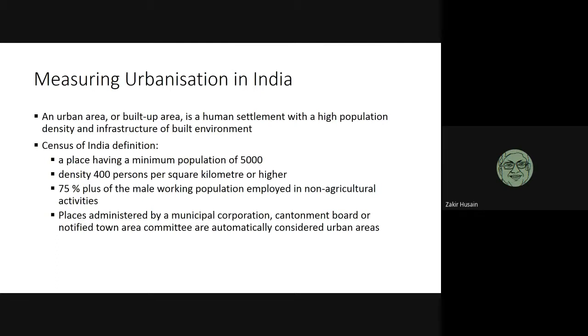In addition, if the area is administered by an urban body, corporation, cantonment board, or notified town area committee, then it is automatically considered to be an urban area. So we have a demographic criteria, an economic criteria, and a political or administrative criteria. The first two are the demographic criteria. The third is the economic criteria, and lastly we have the administrative criteria.